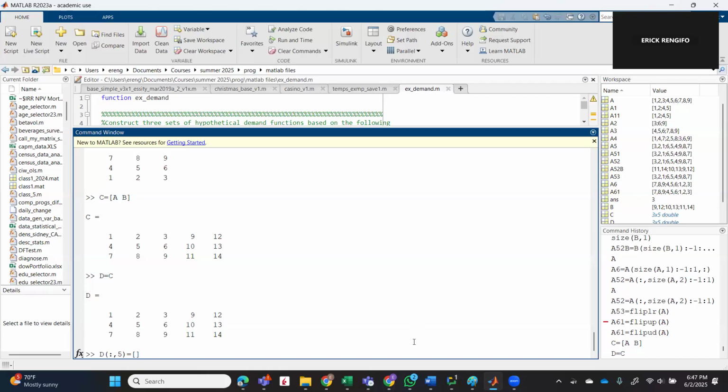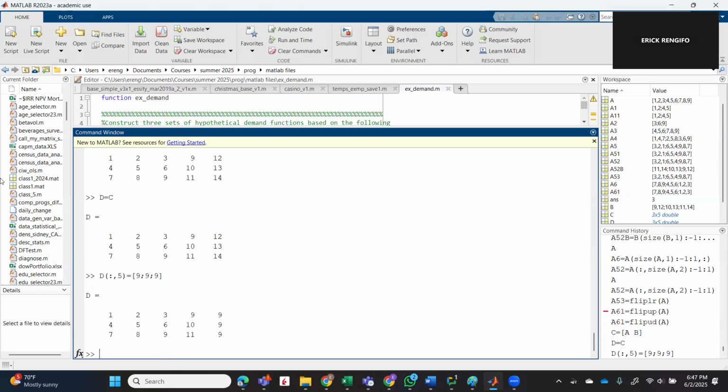It's going to be a column, right? So I need to write 9 semicolon 9 semicolon 9. Otherwise, you can do 999 and apostrophe, and you transpose that. Make sense, guys? So this is the way in which you replace a complete column with another column.